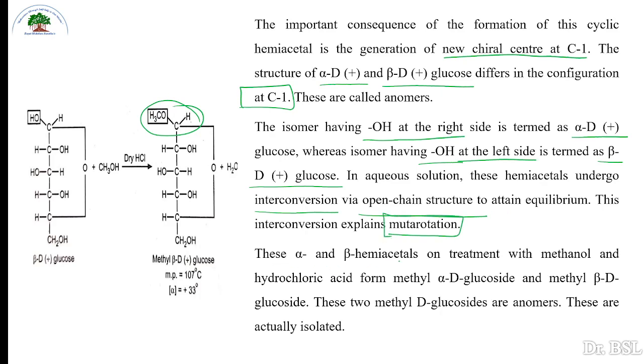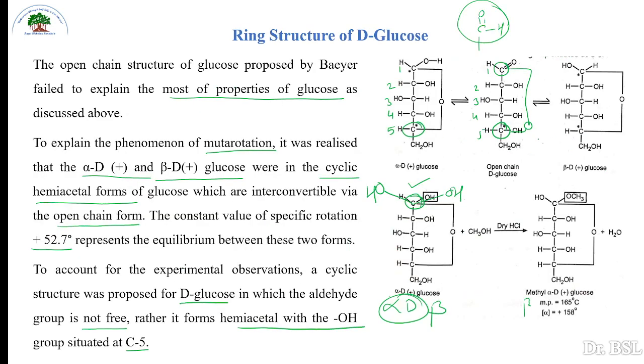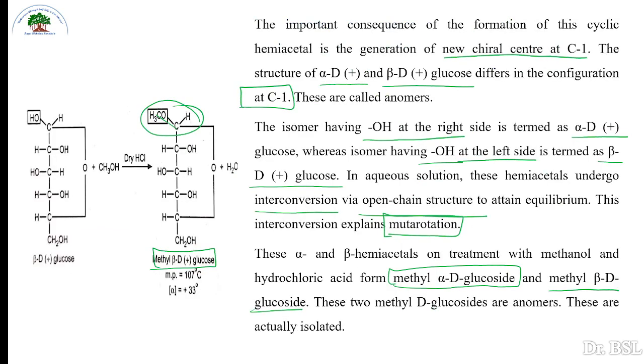These alpha and beta hemiacetals on treatment with methanol and hydrochloric acid form methyl alpha-D-glucoside and methyl beta-D-glucoside. So if the OH is on the left side, this is methyl beta-D-(+)-glucoside, and if it is on the right hand side, then it is methyl alpha-D-(+)-glucoside.